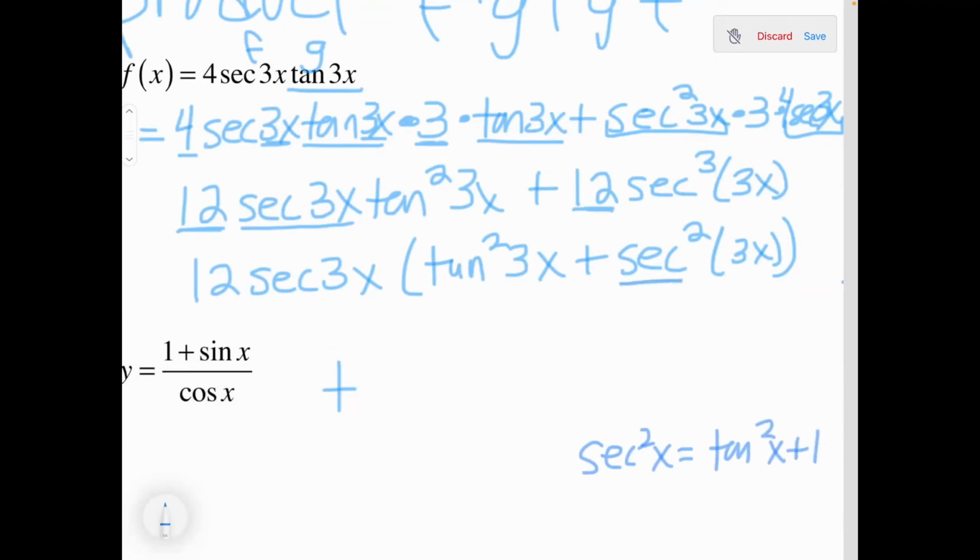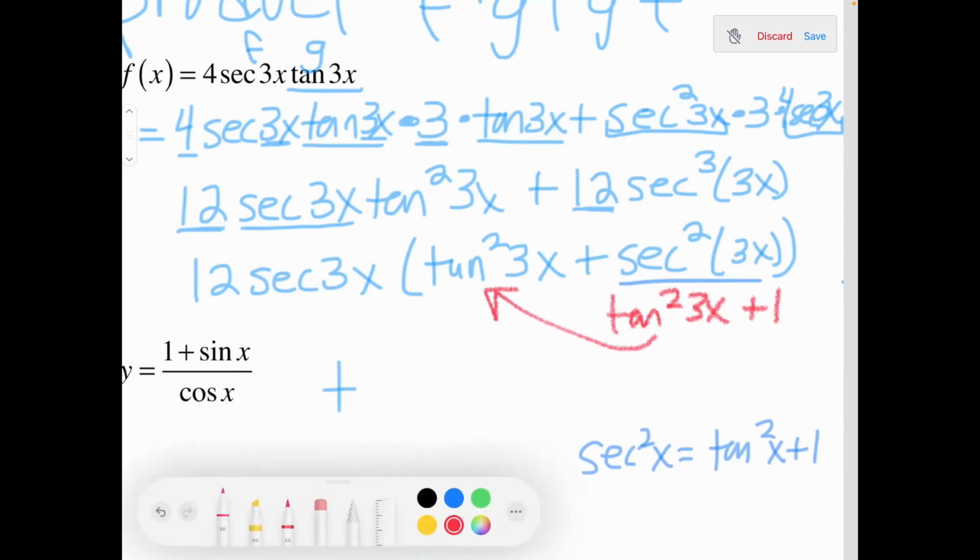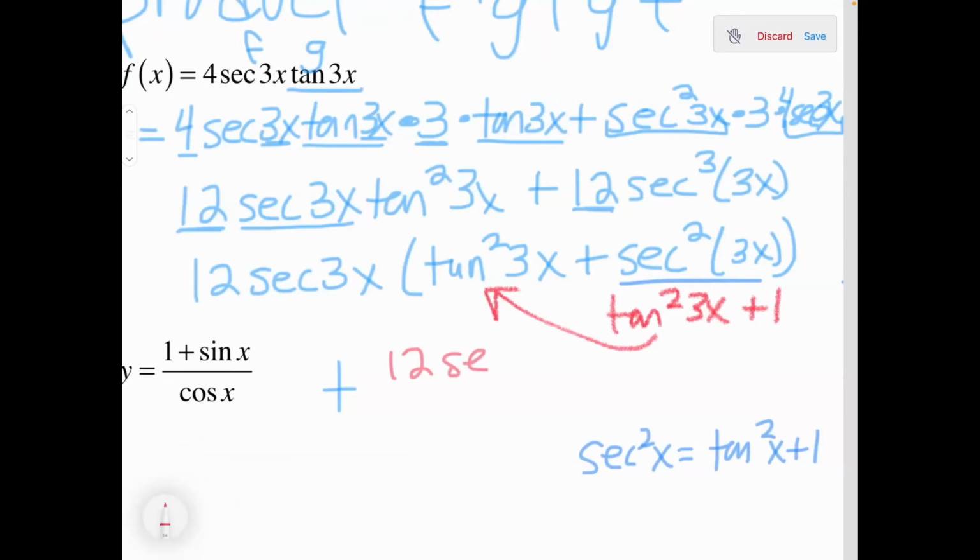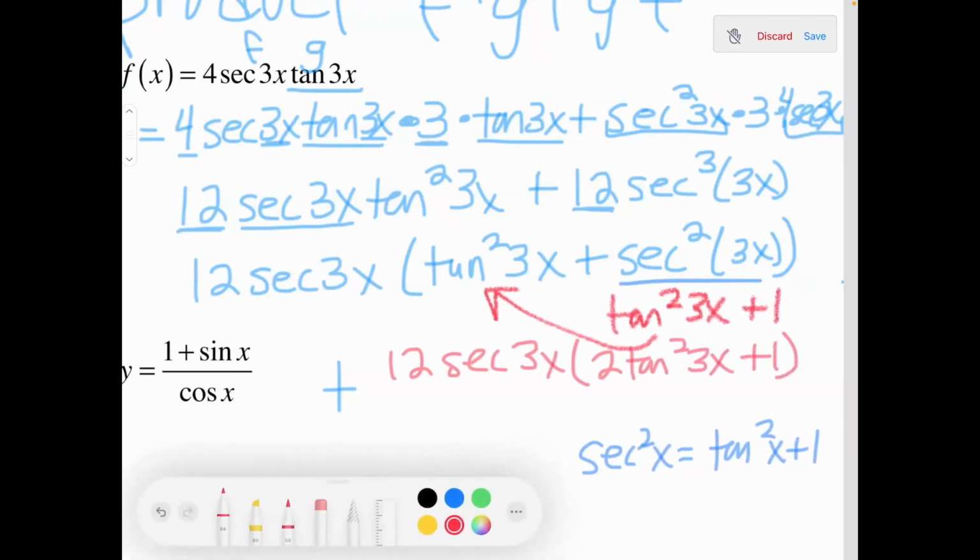And if we were to change secant squared 3x to tangent squared 3x plus 1, we could then add those together, and we would have 2 of those. So we end up with something that looks like 12 secant 3x times 2 tangent squared 3x plus 1. That's about as clean as it can get.